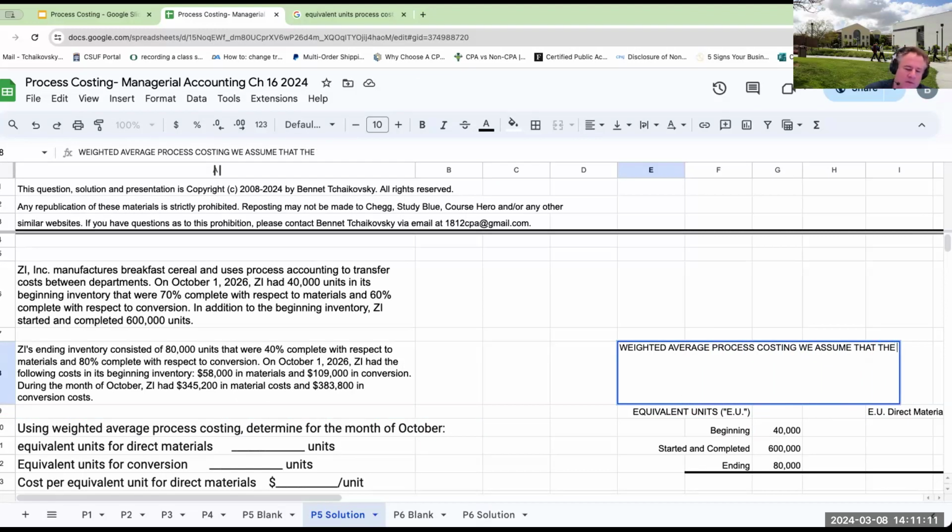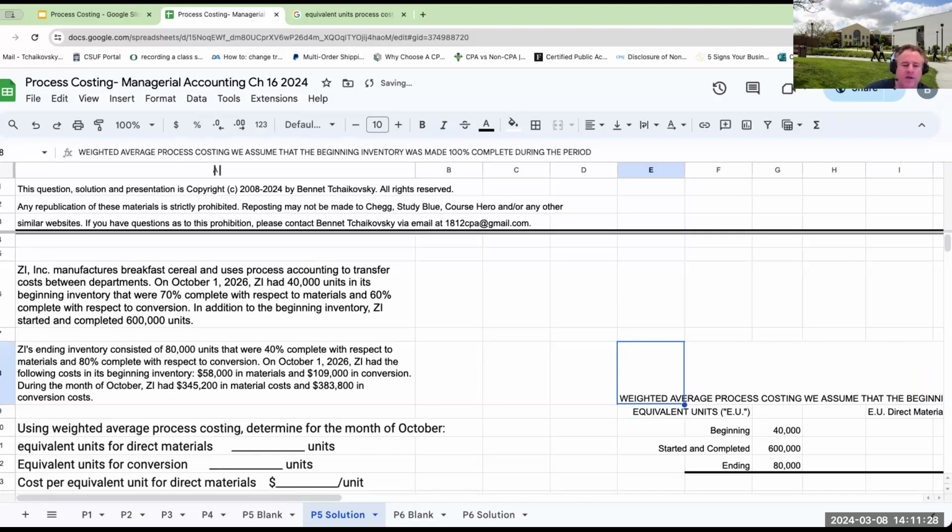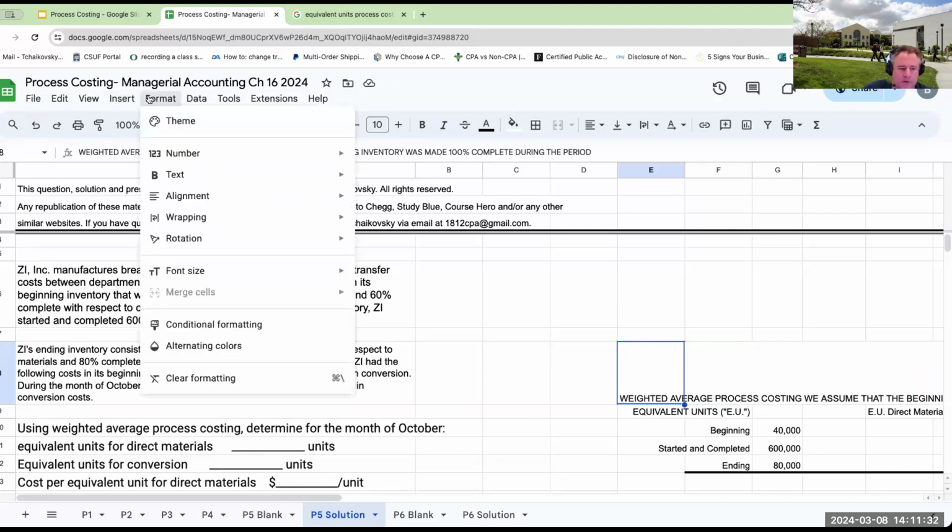that the beginning inventory was made 100% complete during the period. That we completed them 100% during the period.